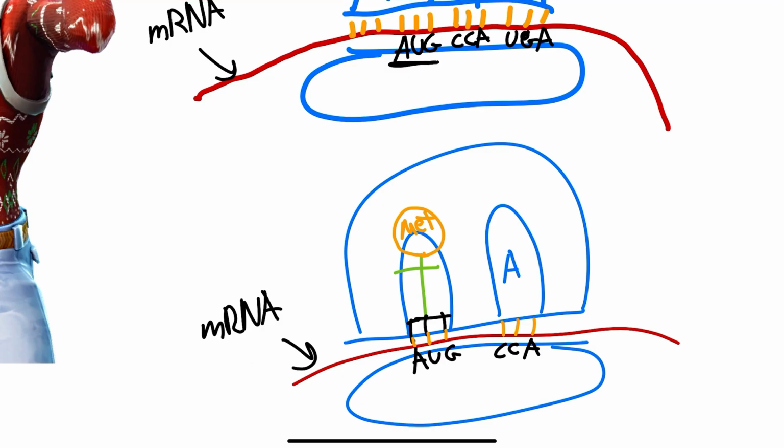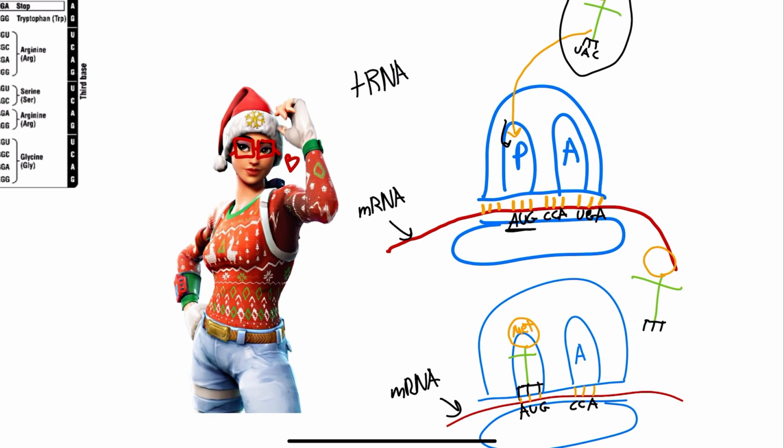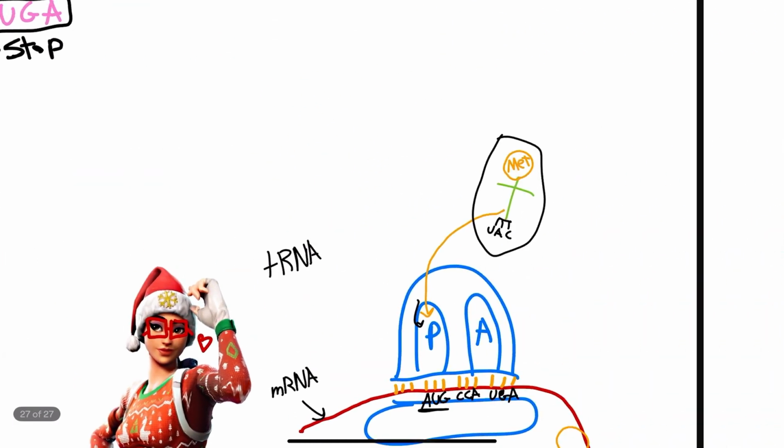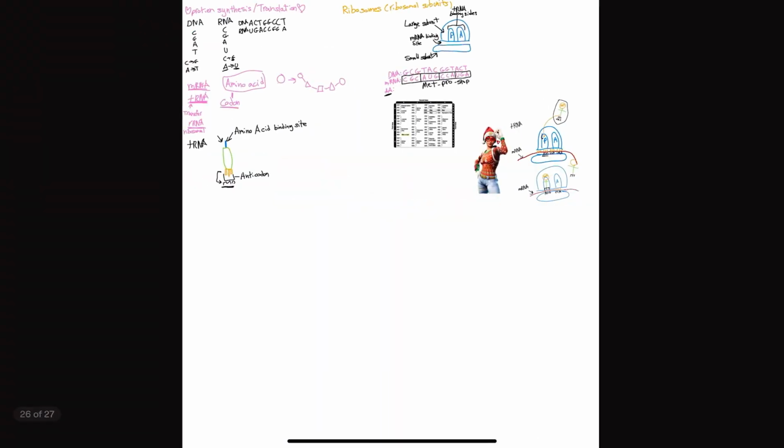So with that being said, we said that a tRNA, so we got another guy, tRNA, with the anticodon that matches the next mRNA. So CCA, what would be that? It would be GGU. GGU is what would match it. So it would have this little anticodon here, and then it would be carrying our next amino acid, which was proline. Let's double check. Yes, proline. Whoops.